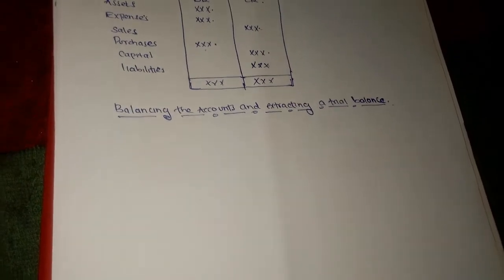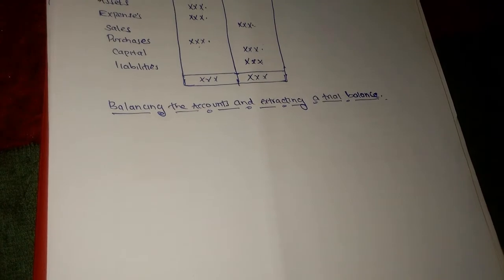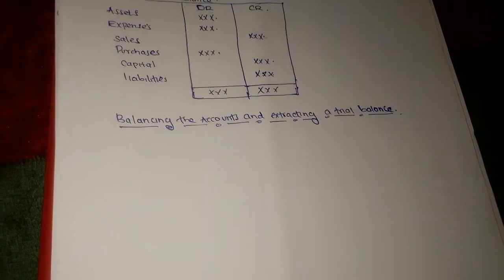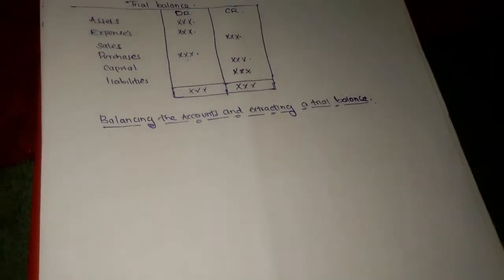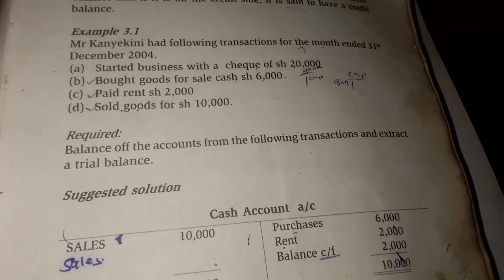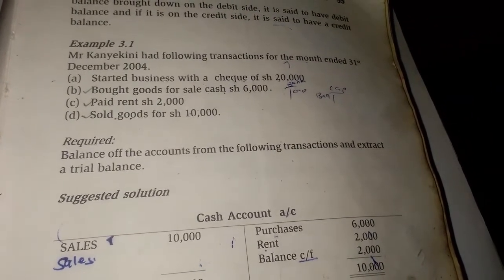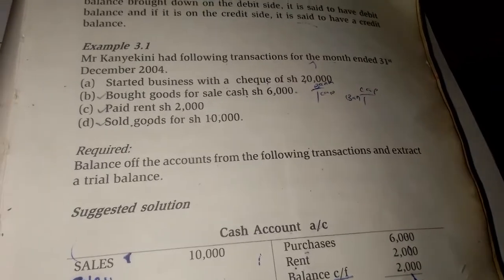We're going to look at one example of how to balance the accounts and extract a trial balance. Example 3.1. Mr. Kanyikini had the following transactions for the month ended 31st December 2004.